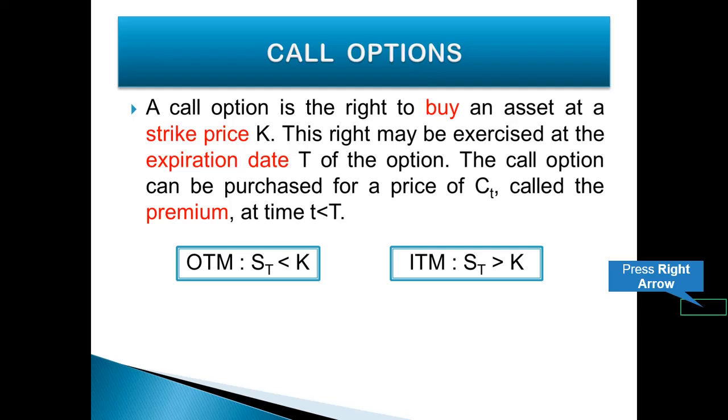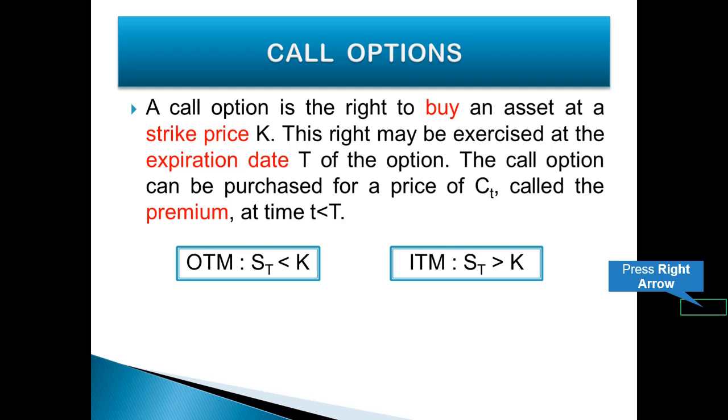So when do we say out of the money? Suppose you have the call option, which means you have the right to buy something at the price K. Now in the open market, the value of the thing at expiry time capital T is S_T. If S_T is less than K, you can buy the asset at a much lesser price from the open market than from the contract owner.